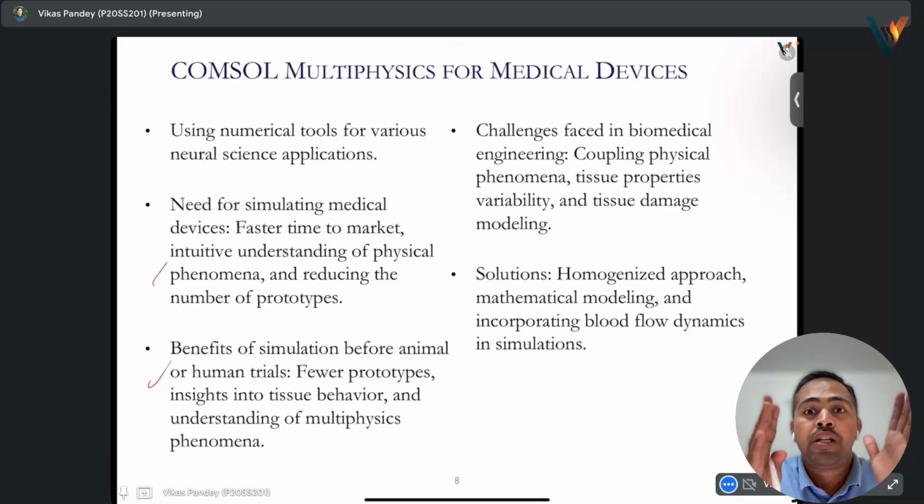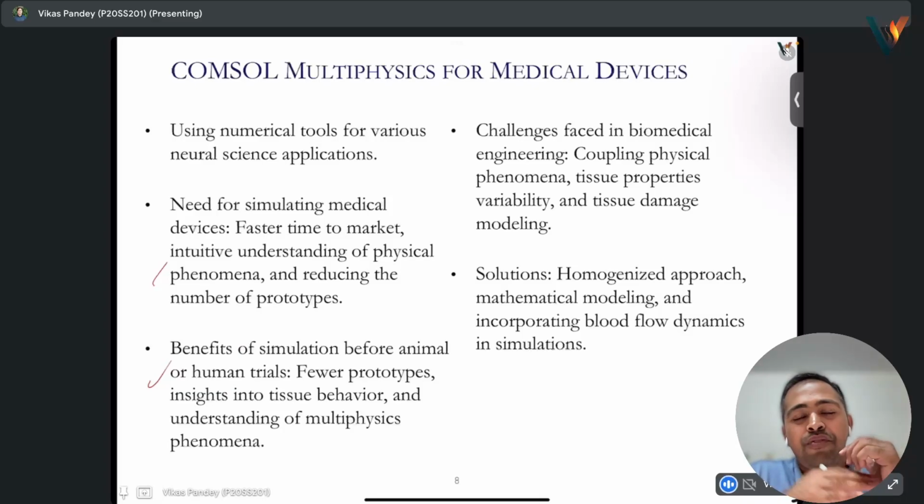But in the real scenario it is not like that. There are variations. Two tissues of the same type kept together will have different electrical as well as other properties. We can take some tolerance.